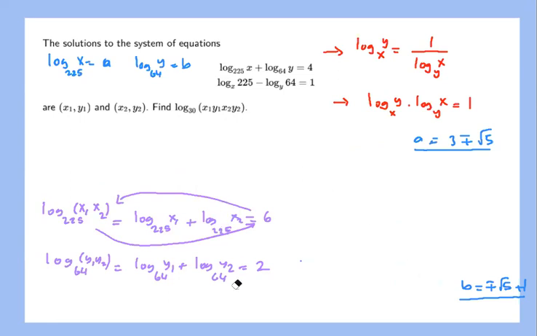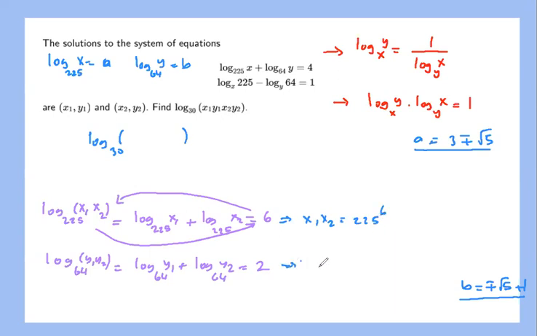Okay, so our next step should be a bit clear at this point. The question was asking for the log with base 30, so let's write that, of the product of those x1, y1, x2, y2. And I do know from this guy, x1 times x2 equals 225 to the 6th power.